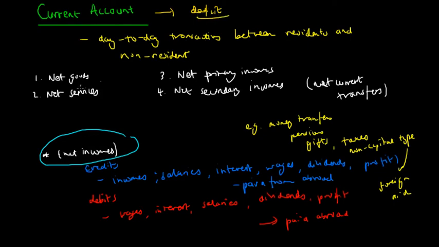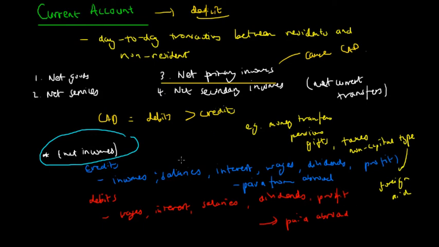And this is primarily not because we have a debit in our net goods or a debit in our net services, because as we know, we're exporting a lot to China at the moment, but because of our net primary income. So this is the major cause of the current account deficit, or CAD, which is the debits exceeding credits in the current account.